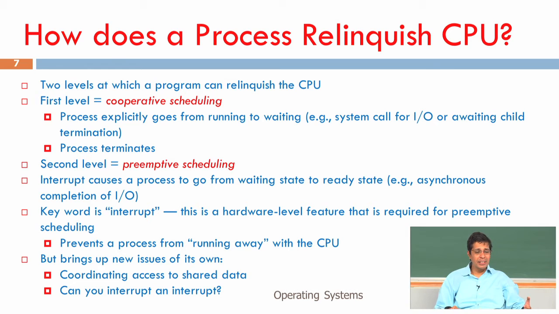This is what we call a part of cooperative scheduling, in the sense that when there is something wrong, the process cooperates with you and comes out. It can also be that the processes themselves, if they think they have used so much CPU, want to give others a chance, can come out. So this is cooperative scheduling, where the OS does not have control of stopping a process that is executing. Cooperative scheduling is also called non-preemptive.